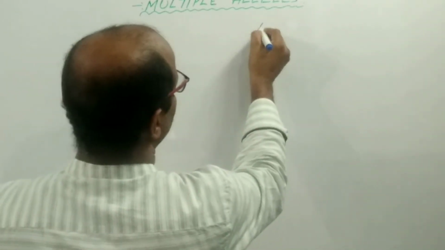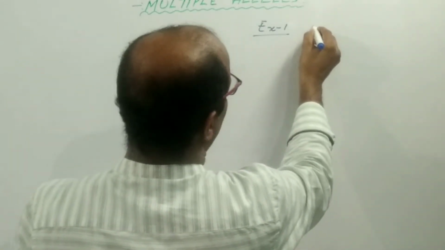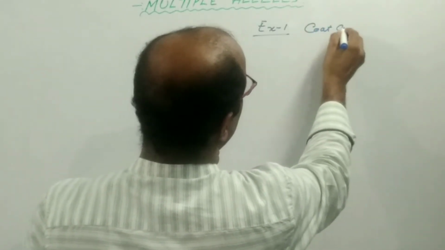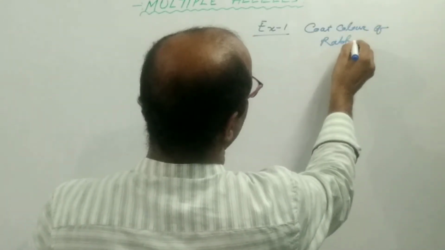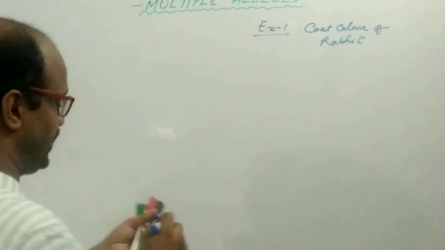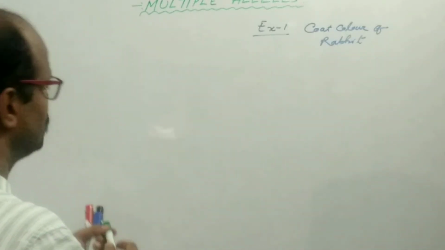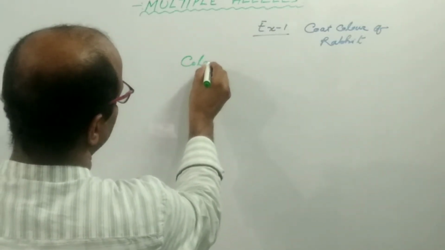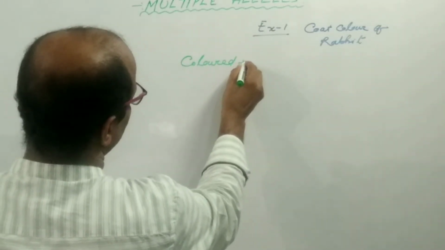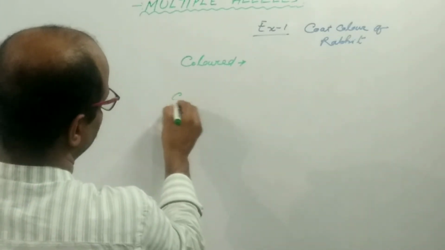Let's take the first example, the coat color of rabbit. Rabbit has four varieties of coat color. Suppose that one is the colored, another variety may be the chinchilla.